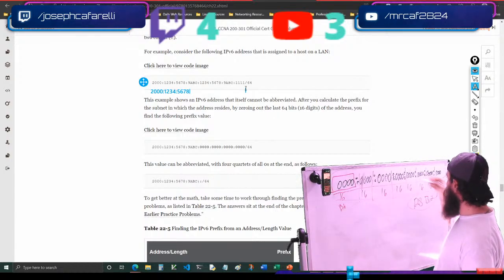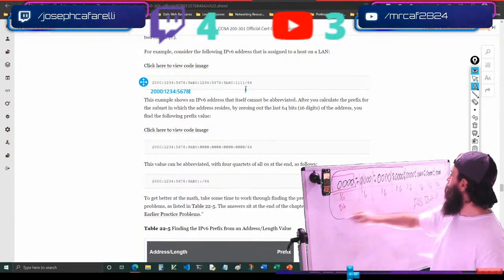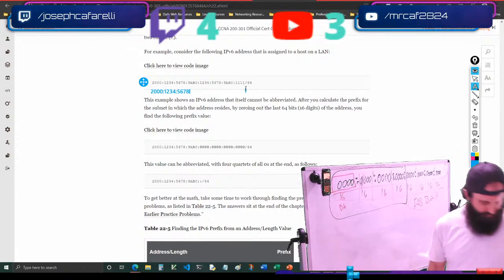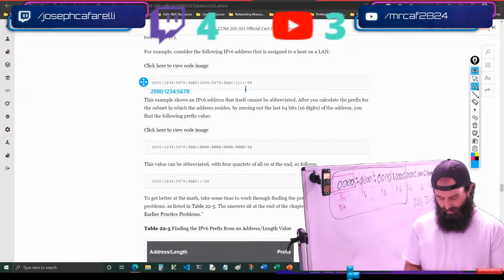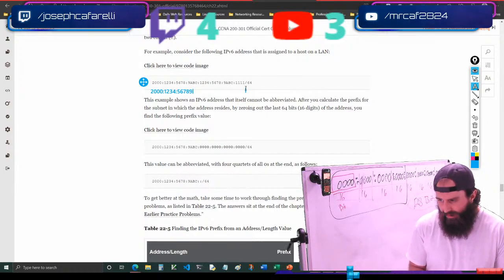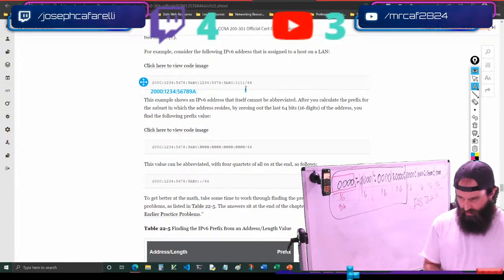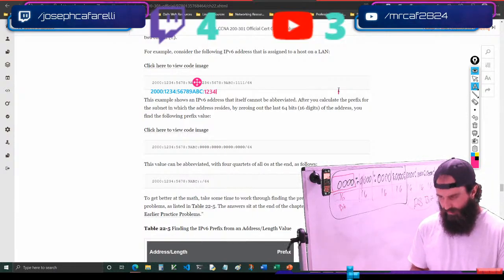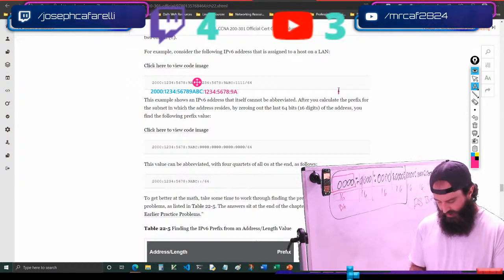Again, we would find ourselves right here, in the fourth quartet. 9 ABC, right? ABC. Colon, and then let's change the color, and then the rest of these: 1, 2, 3, 4, 5, 6, 7, 8, and then it's just the same 9 ABC.